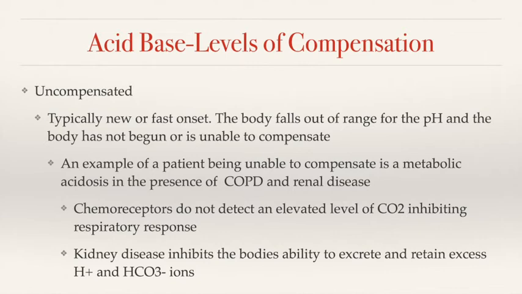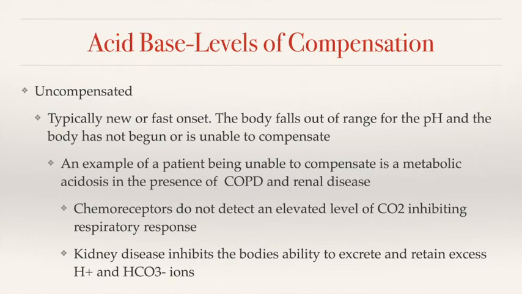An example of a patient being unable to compensate is a metabolic acidosis in the presence of COPD and renal disease. So if you remember those buffer systems we talked about, once that buffer system, the carbonate, runs out, the body's going to try and compensate by blowing off excess CO2. However, with a COPDer, those chemoreceptors are not looking for end-tidal CO2, they're looking for oxygen.